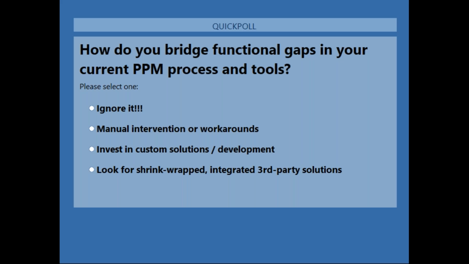Next one, we look at some heavy lifting, manual intervention and workarounds as needed. We invest in custom development, custom solutions, or we look at the market for shrink-wrapped, off-the-shelf offerings that help solve that specific problem.